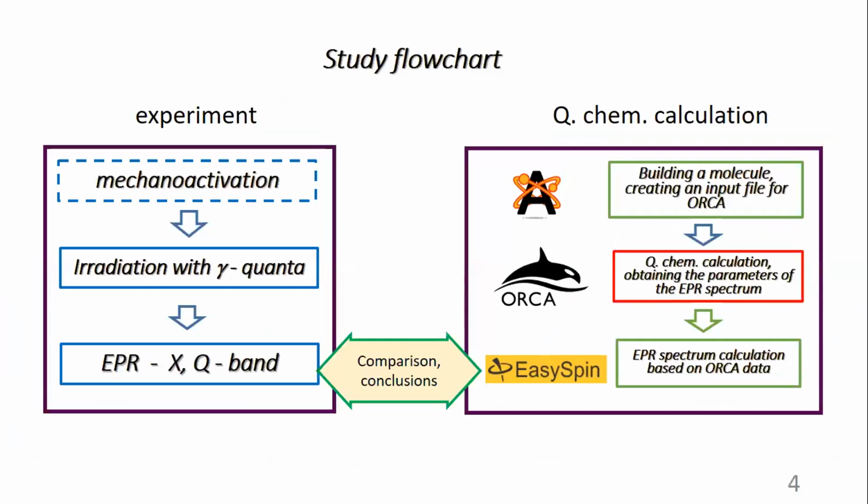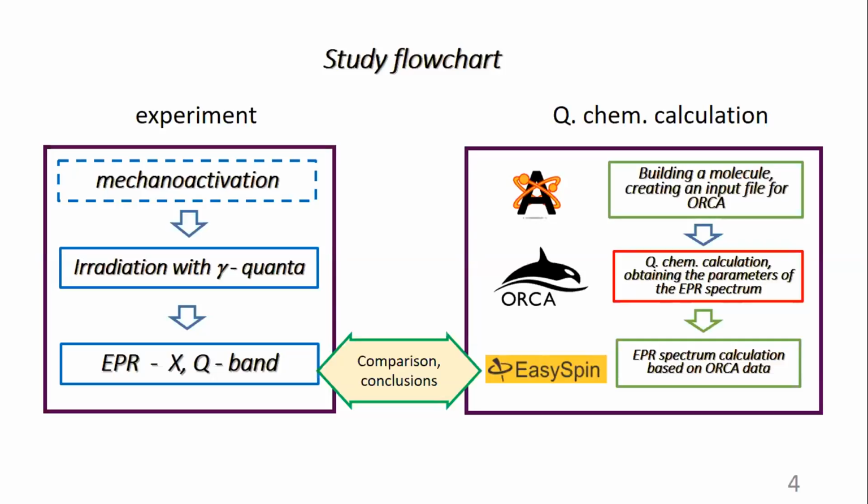Using the Bugres X-ray diffraction data, we built a model of the calcium gluconate molecule in the Avogadro program. This program was used to generate input files for the ORCA quantum chemical program. An internal coordinate system was used, which is convenient for setting the optimization condition.